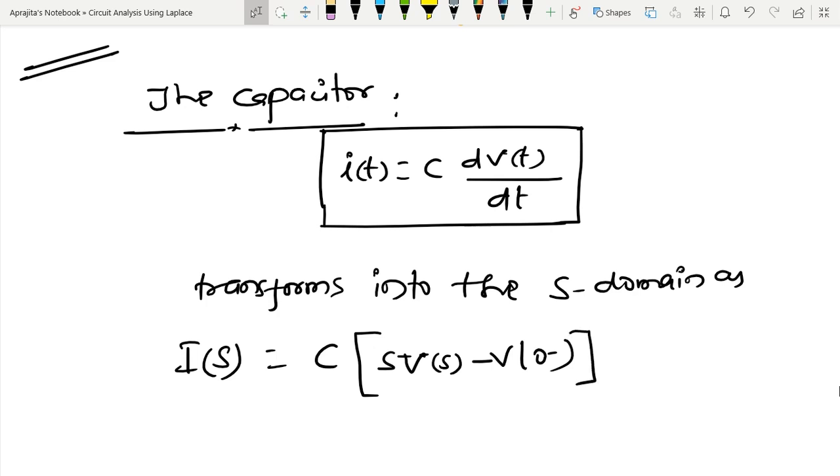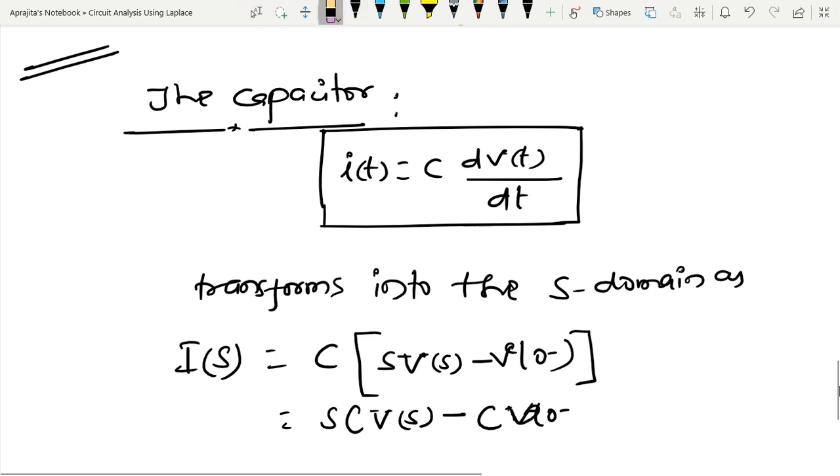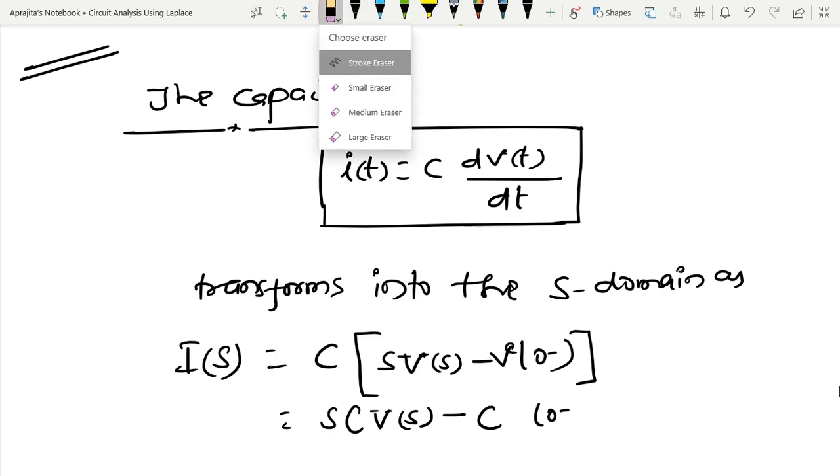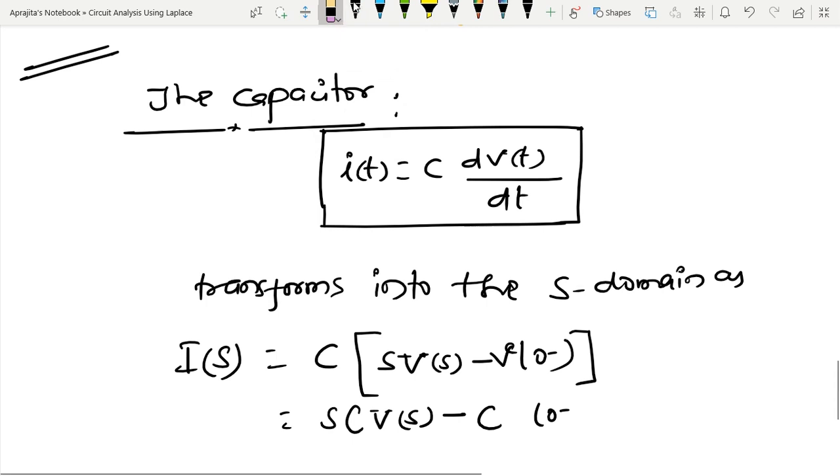So I have S into C into Vs minus C v(0 minus). And this is the initial condition in the time domain, so I am going to represent it using the small letter. So basically now I have here v(0 minus).